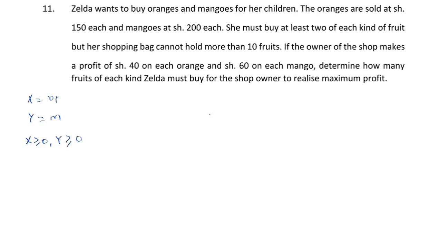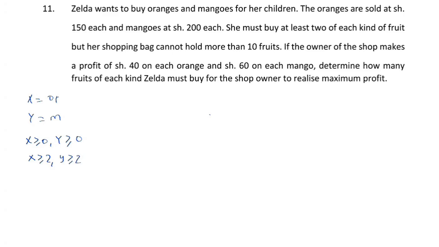Okay, so next Zelda bought at least 2 of each type of fruit, meaning x and y are both greater than or equal to 2. So our other inequalities are going to be x is greater than or equal to 2 and y is greater than or equal to 2.